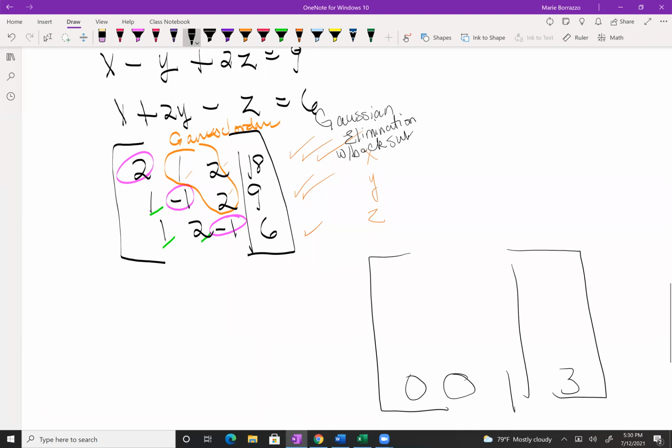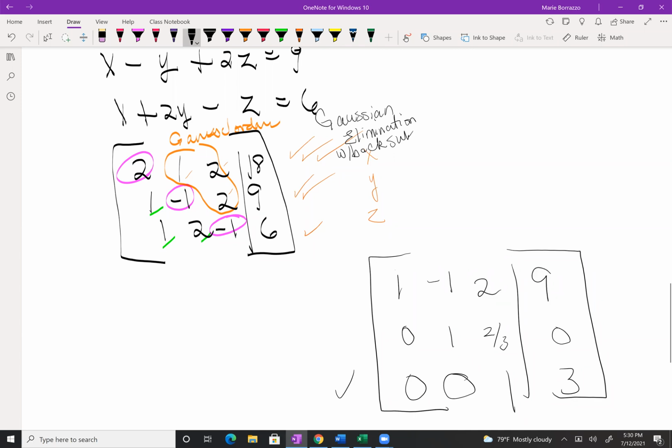Okay, what's your second line? The second line is 0, 1, 2/3, 0, and 0. Okay, and the first one? 1, -1, 2, and 9.